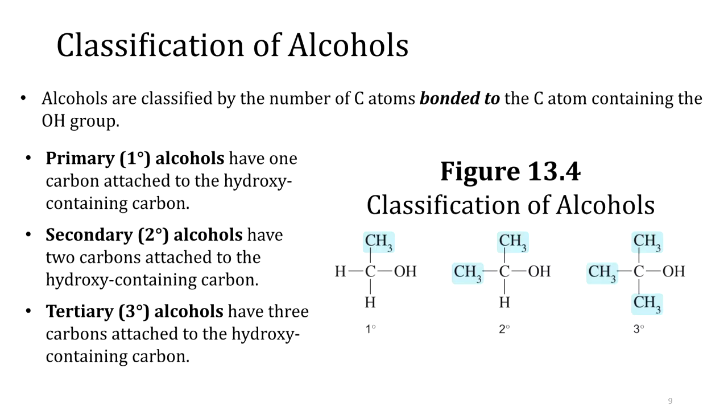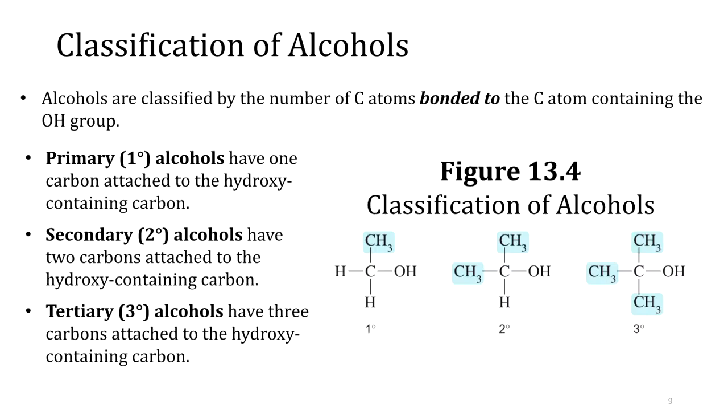That's a primary alcohol. A secondary alcohol is attached to a carbon that has two other alkyl groups attached to it. Over in our figure, you can see this is called isopropanol or 2-propanol. It has two methyl groups attached to the carbon that holds on to the hydroxyl group.